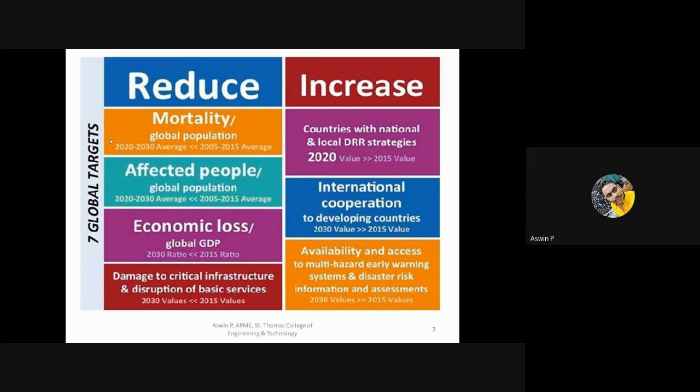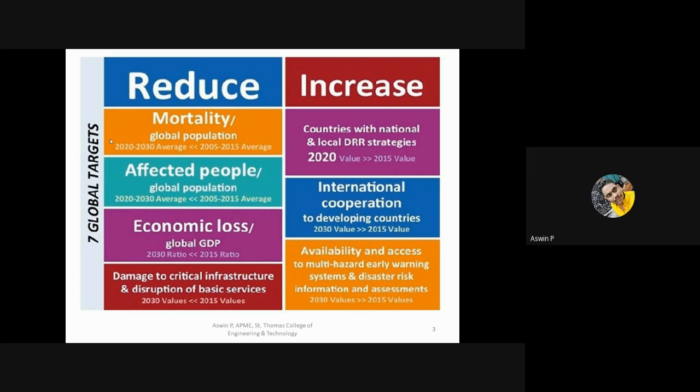The main global target is reducing mortality by 2030. Another is to reduce the number of affected people by 2030, and reduce direct economic loss in global GDP.